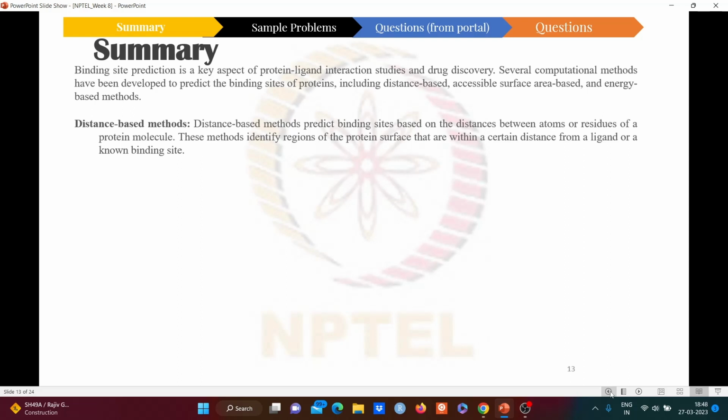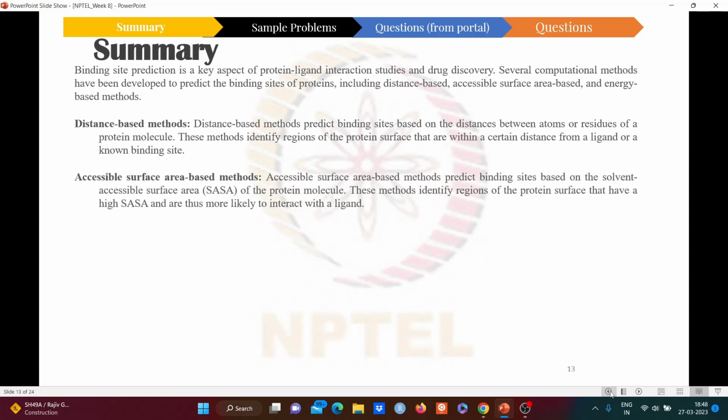For example, the pocket finder algorithm identifies the potential binding sites based on the presence of a cavity or a pocket in the protein surface that is large enough to accommodate a ligand. Briefly, when you have a complex, consider the residues of a protein that are within a distance cutoff to its binding partner.